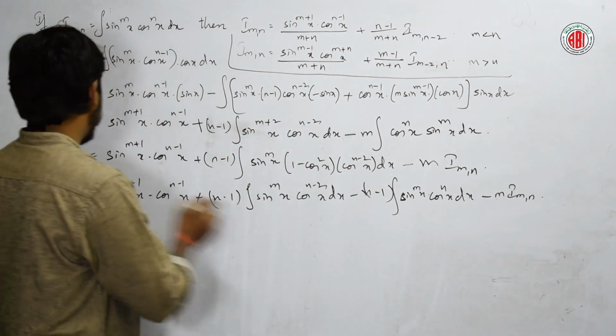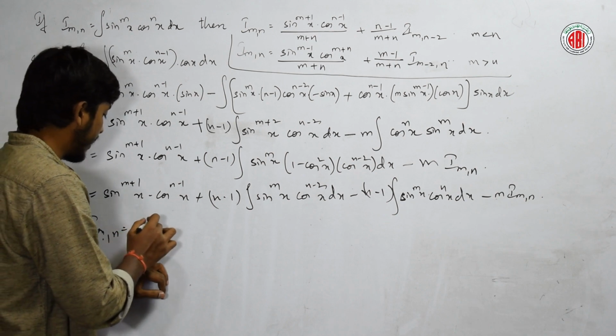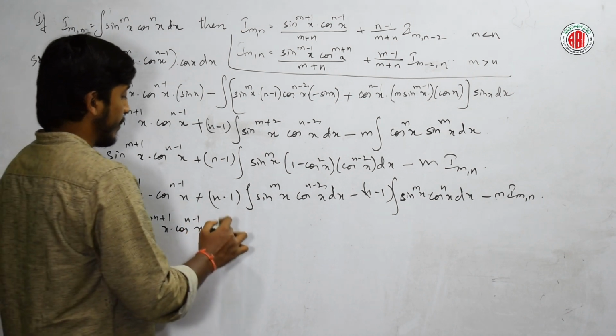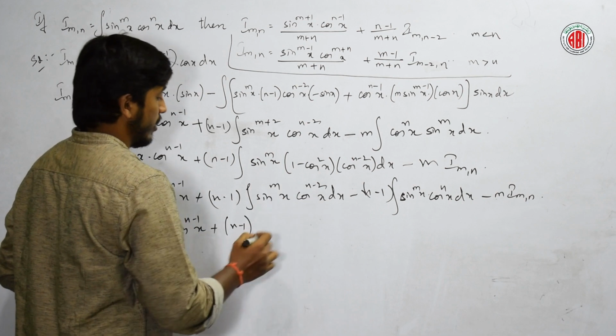Okay. Now just see here, I_mn is equal to sin^(m+1) x cos^(n-1) x plus n minus 1, what is this? I_m(n-2). Yes, right.